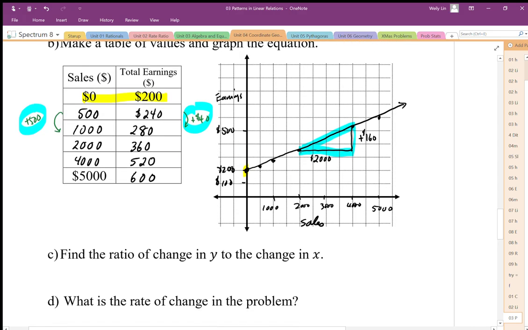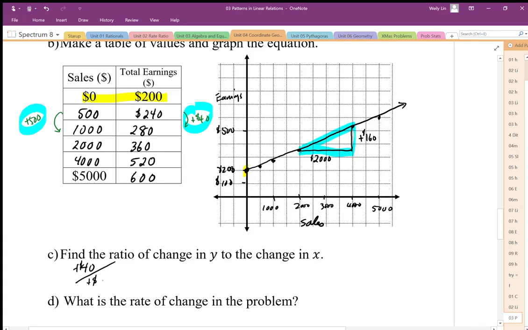So the ratio of change then, we've described it as plus $40 for every $500 sold. It's always the rise, our dependent variable, divided by the change in our independent variable.